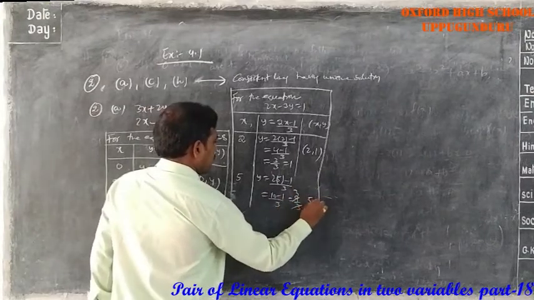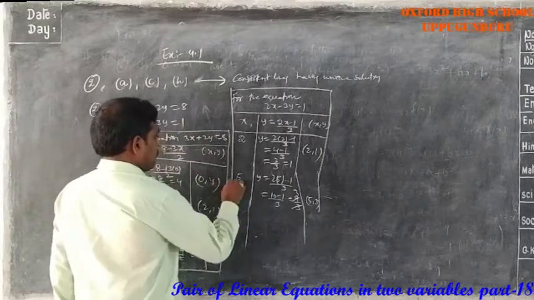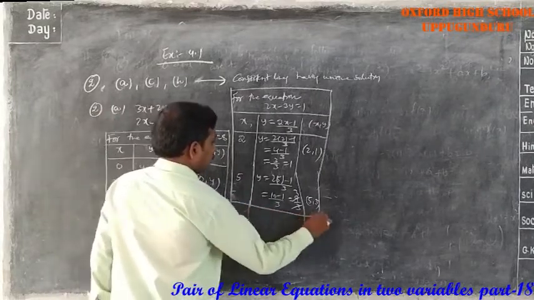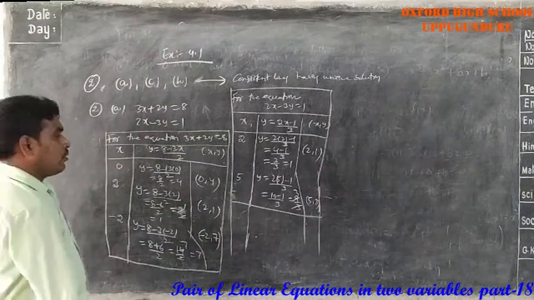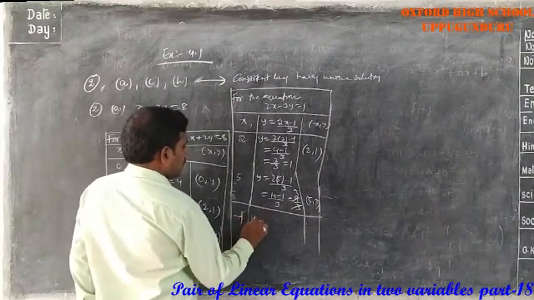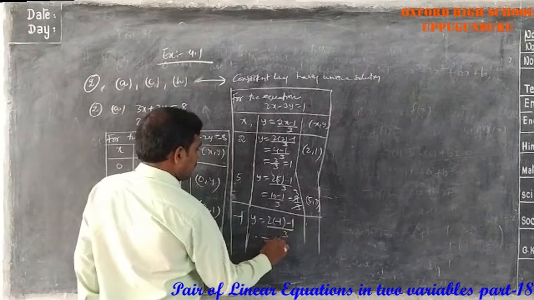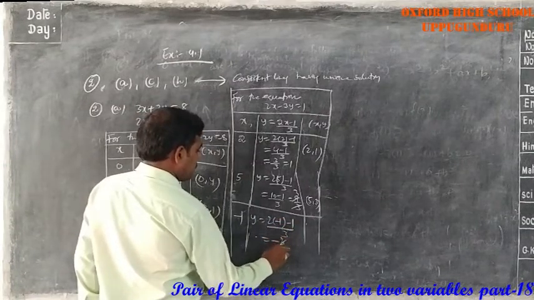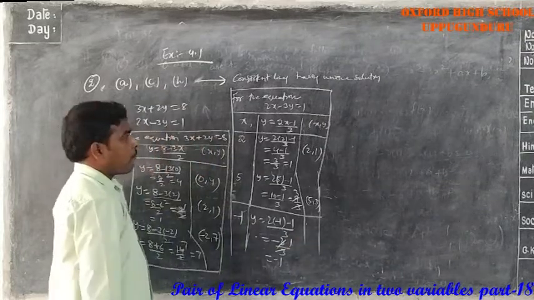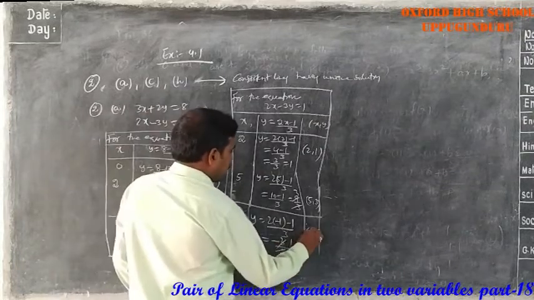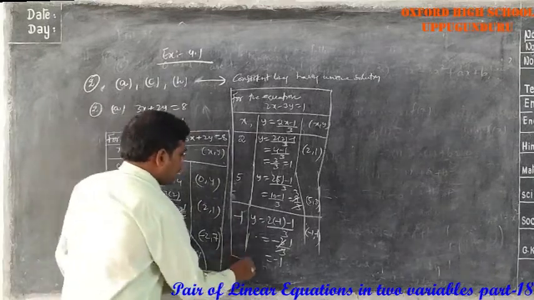So 5 comma 3. Next, when x equal to minus 1, y equal to 2 into minus 1 by 3 minus 3 by 3. You will get minus 1. So minus 1 comma minus 1. So I am taking these 3 values for the second equation.